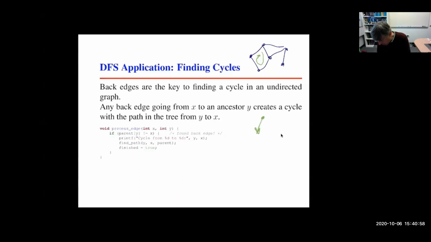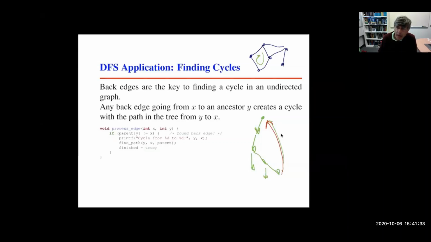Discovered somebody, discovered somebody, discovered somebody, got trapped, went back here, discovered somebody, went back here, discovered somebody, and had a back edge. Does everybody see a back edge is one that goes to an ancestor?